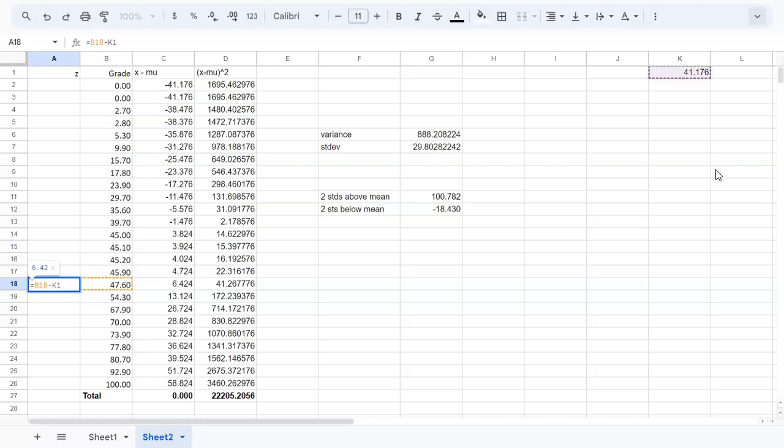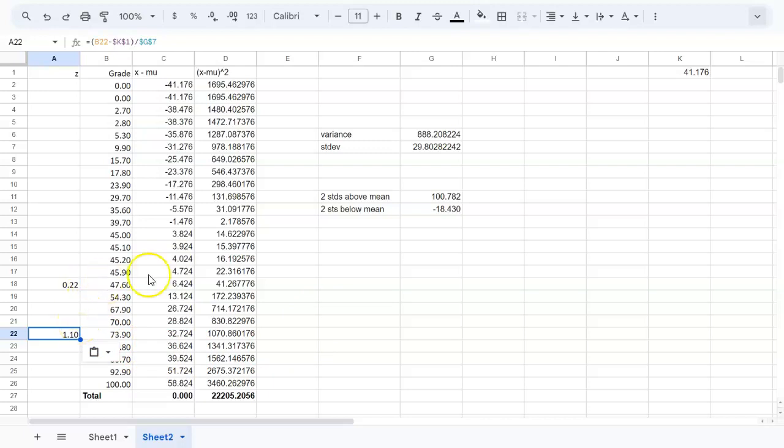So I subtracted the mean, but then what I need to do is divide by the standard deviation. So I'm going to divide by the standard deviation, and that tells me that this number is very close to the mean. It's 0.22 standard deviations above the mean. This guy here is 1.1 standard deviations above the mean, right?